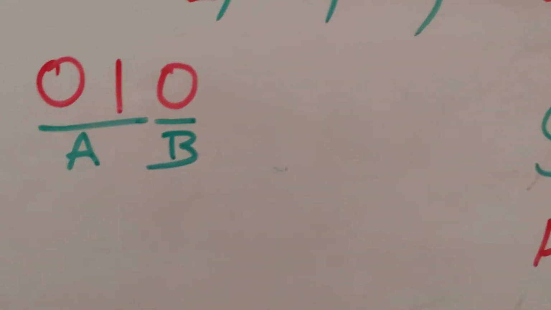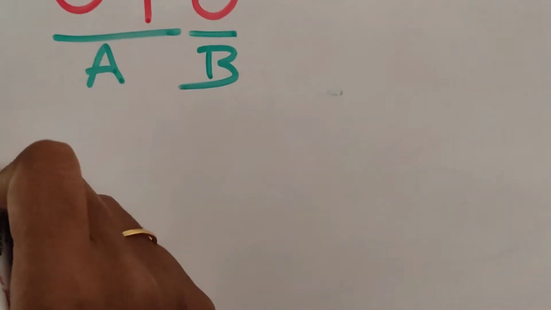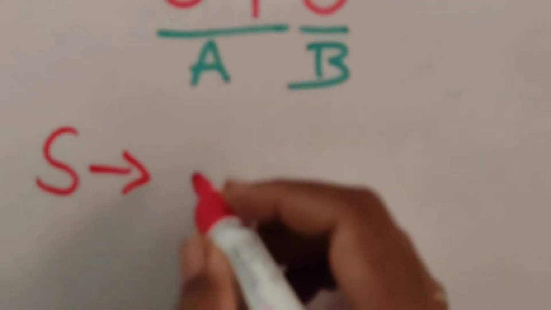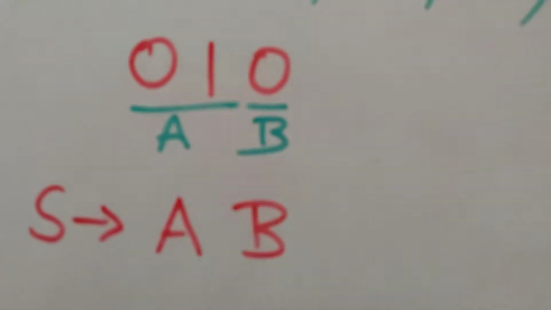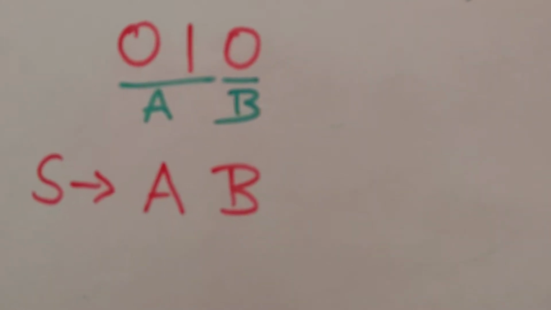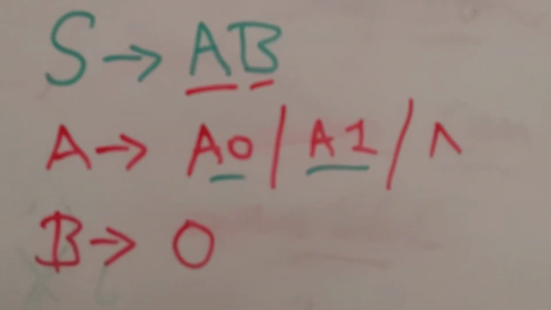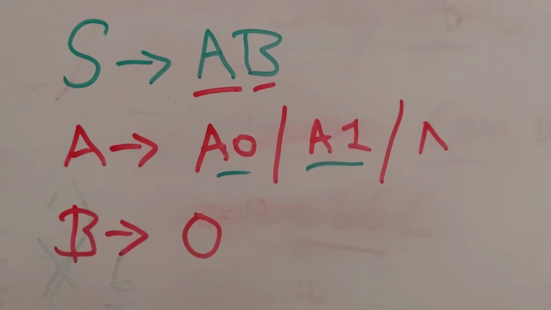Okay. So first of all we'll start with the starting symbol S. From that I'm taking A as well as B. Now from A I want to derive 0 and 1. So if I'm considering this second production rule, from A I'm getting A0 or A1 or null.